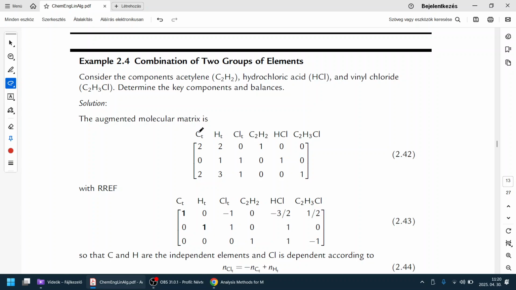Okay, linear code, nice. Okay, we have chlorine, we have carbon, we have hydrogen, chlorine, we have a molecular matrix with it. It is a very weird form.